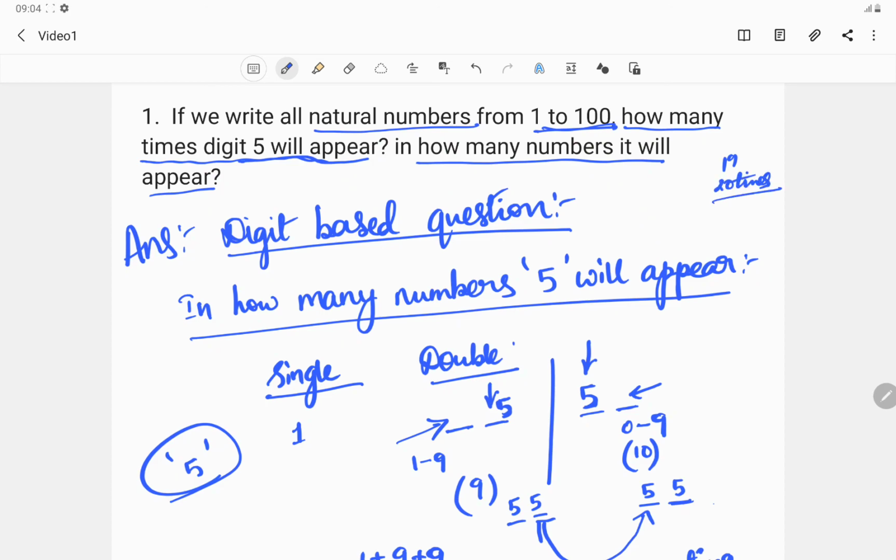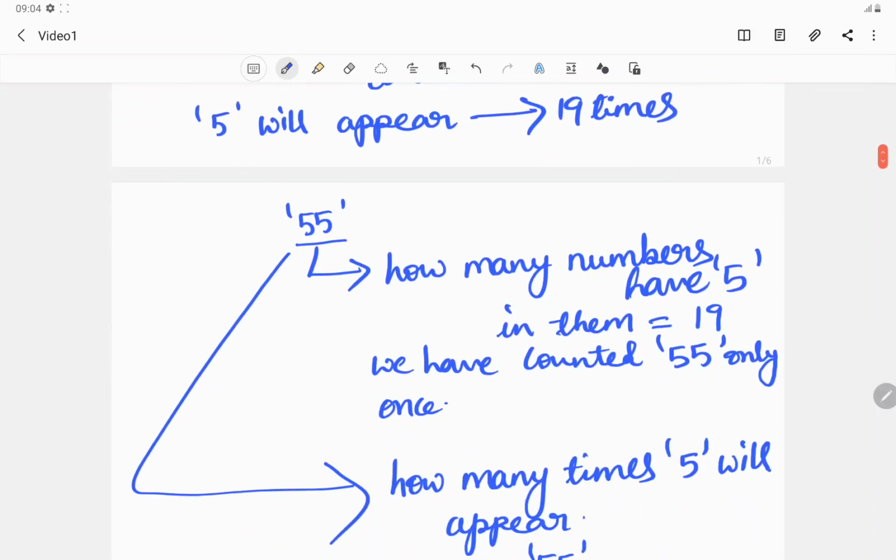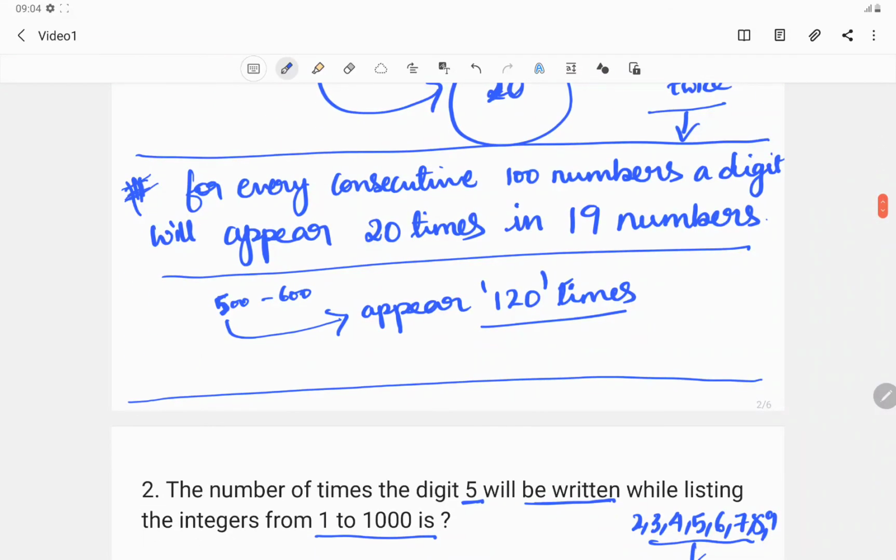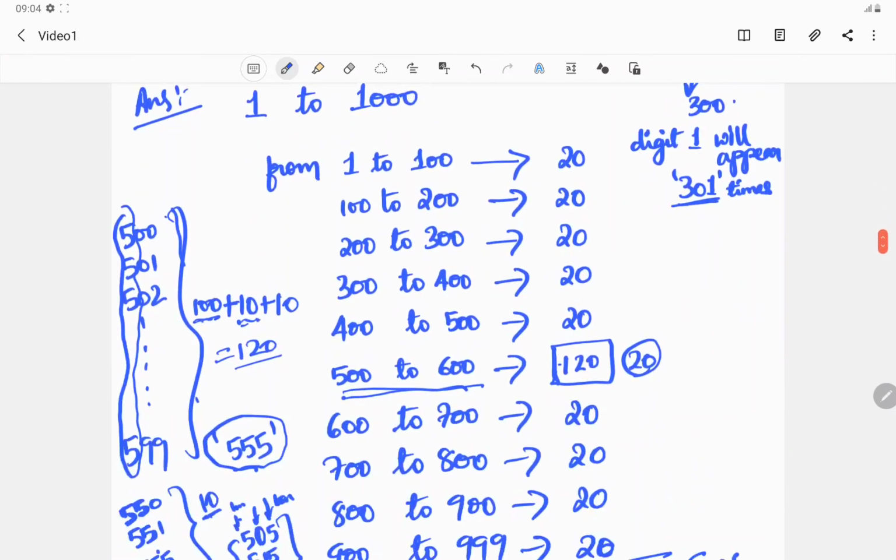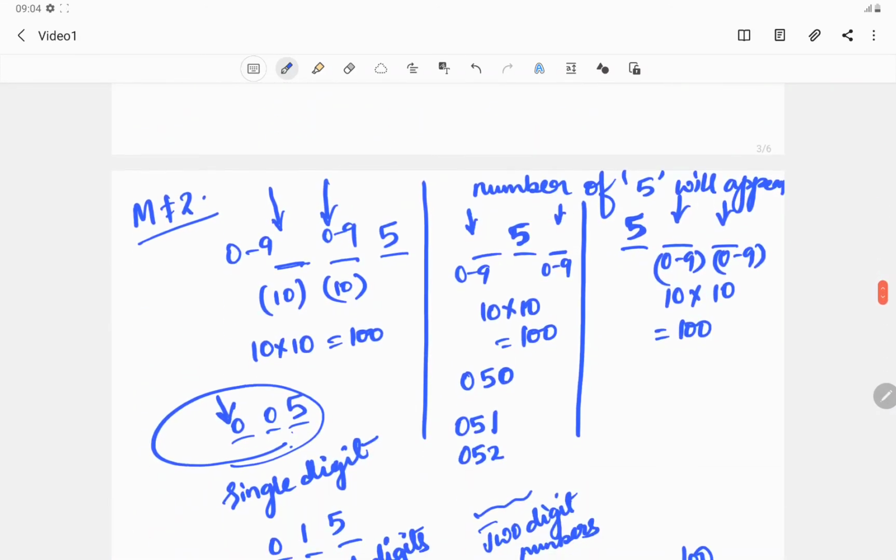So that can be generalized to every consecutive 100 natural numbers, provided the number which you are searching, for example 5, is the starting digit of that consecutive natural number range. Then it will appear 120 times instead of 20 times. So this is the method to solve this question.